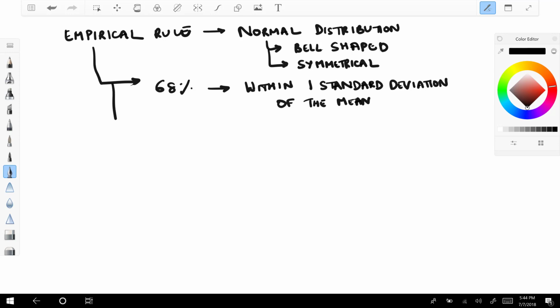And then 95% of the data will be within two standard deviations of the mean.